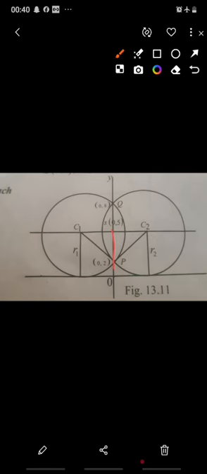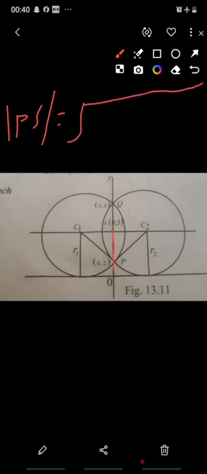Now, we can use the length formula. So the magnitude of PS will be equal to the root of, now here, since it is on the y-axis, the x-axis is 0, so we write 0 squared, plus 5 minus 2 squared, since the y coordinate of P at the lower point is 2 and the y coordinate of S at the higher point is 5.